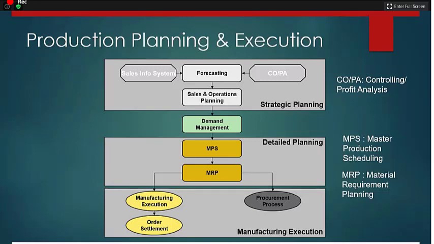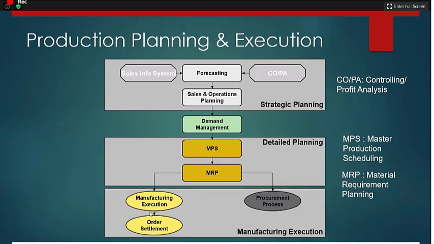And also it generates the procurement process. What is procurement? Procurement means what I will buy in order to satisfy the production. We need raw material, maybe I will buy some assemblies, some components and so on.